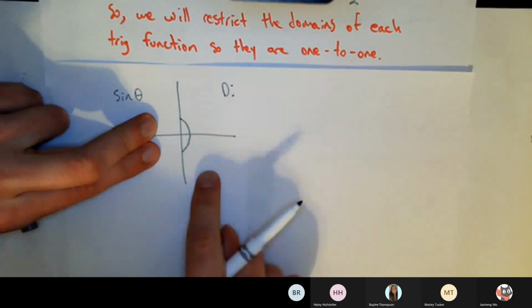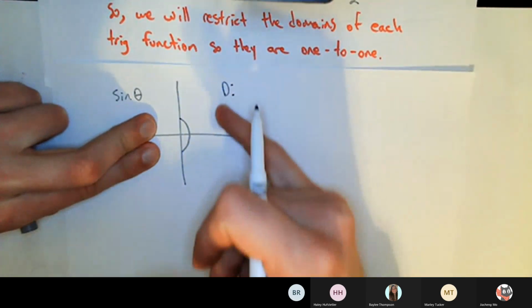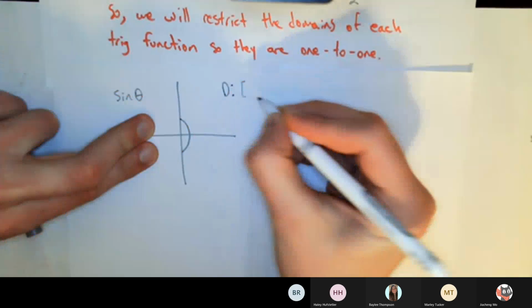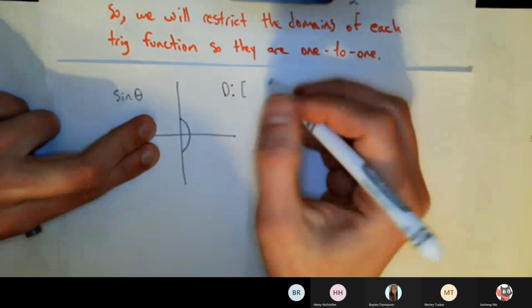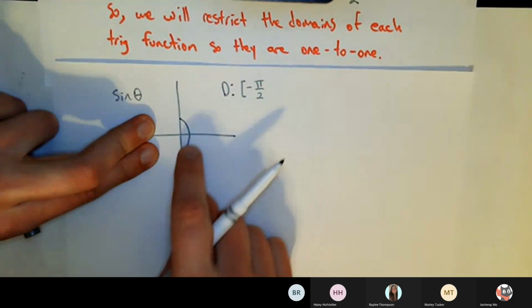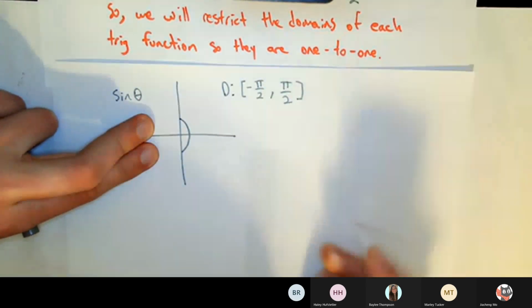So just keeping these two allows for all of the signs, positive and negative, that the sine function can output. So our domain is going to be from down here, which is negative pi on 2, if I consider it as a negative angle, up to pi on 2.